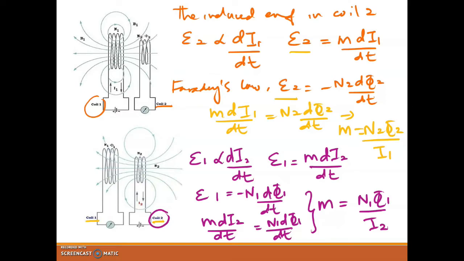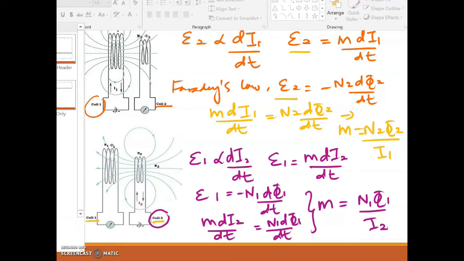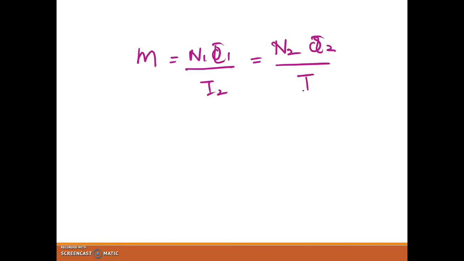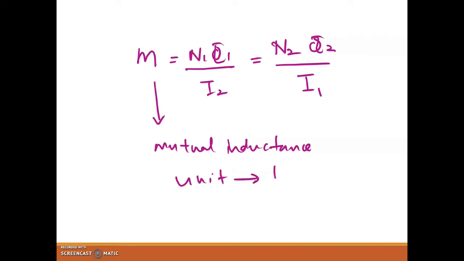So we have M is equal to N1 Φ1 over I2, or equal to N2 Φ2 over I1. This is the mutual inductance. And the unit is Henry.